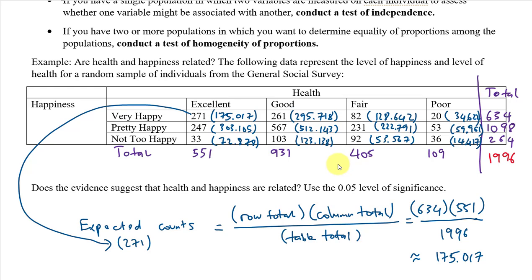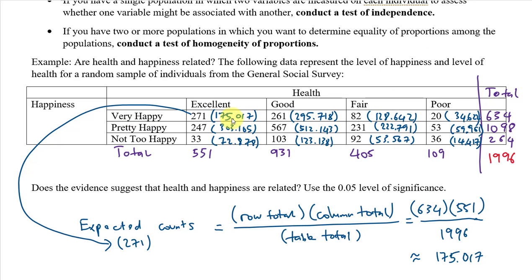After we find the expected counts for all the cells, the next step is to make sure that all the expected frequencies are greater than 5, so the requirements for the chi-square test are satisfied.